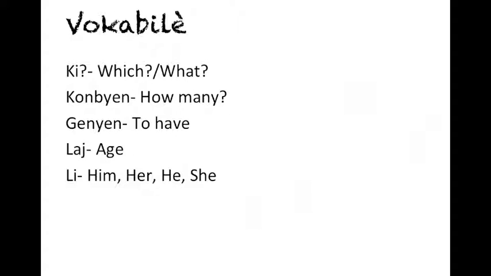We have combien, how many. We have the verb gagner, which means to have. We can also use gagner to talk about how many of something there is. Next we have l'âge, which is age. And then we have the subject pronoun li, which can be translated as him, her, he, or she.